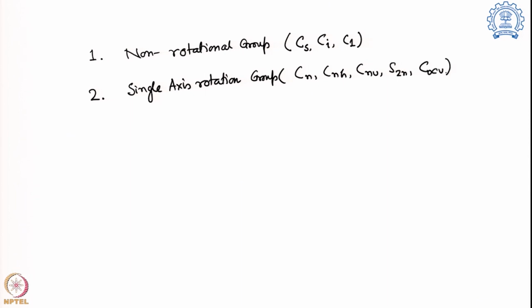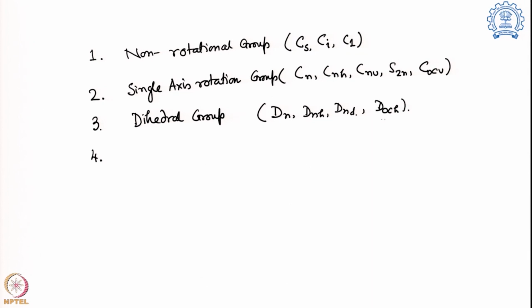C infinity v point group comes for a linear molecule. Then comes the dihedral group, which is very much similar to the single axis rotation or Cn groups, but over here we have an additional n number of C2 perpendicular to the principal axis Cn, and that is why this group becomes Dn, Dnh, Dnd and D infinity h point group.